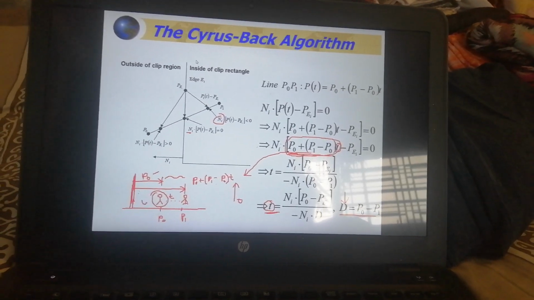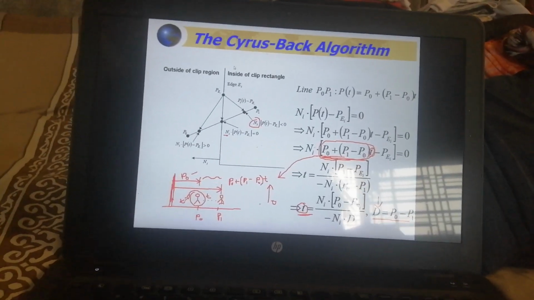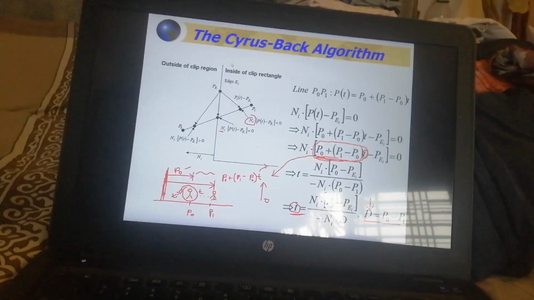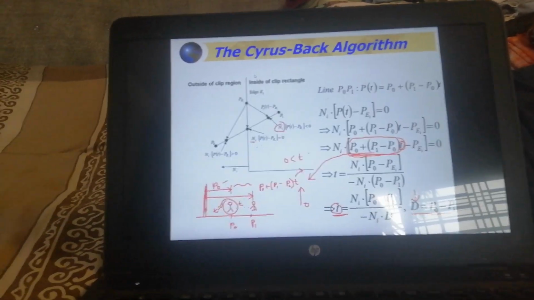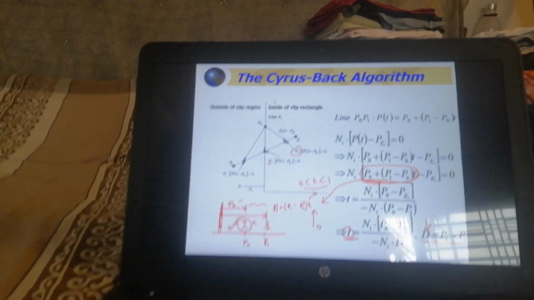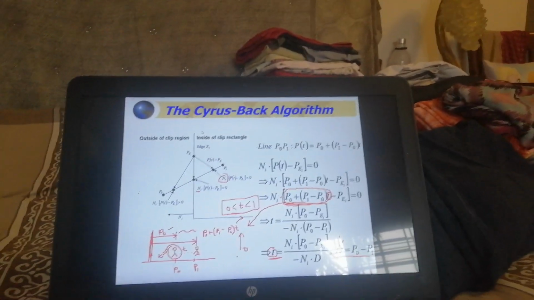So T is 0. This T is a parameter and its value goes from 0 to 1. Clear? I hope you understood this one, right?